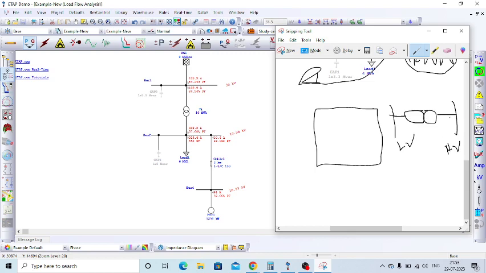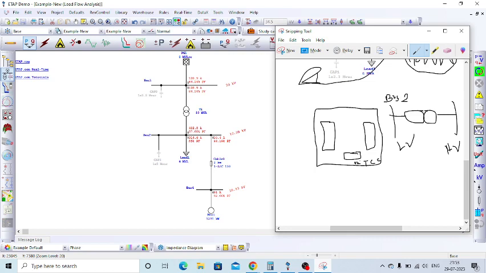Suppose it is the outdoor transformer; inside the electrical room there will be some high voltage breaker, some low voltage breaker, and there will be the RTCC panel. Suppose the first one is for bus number 2. So this is our bus number 2.